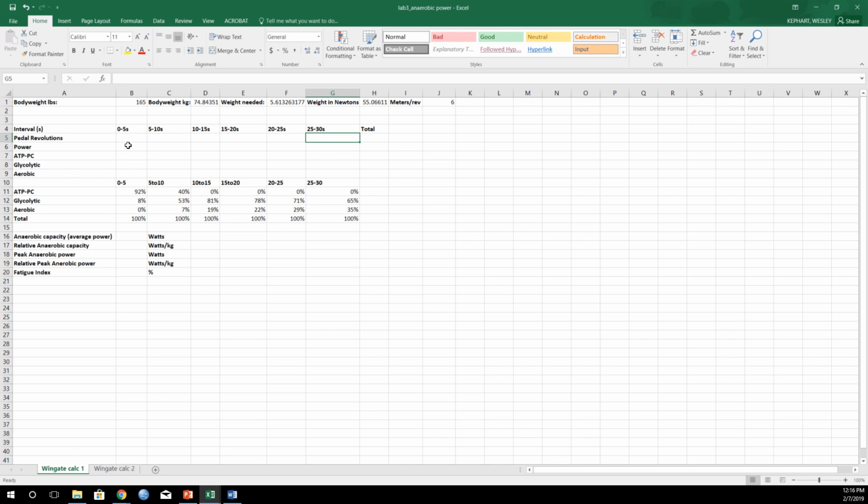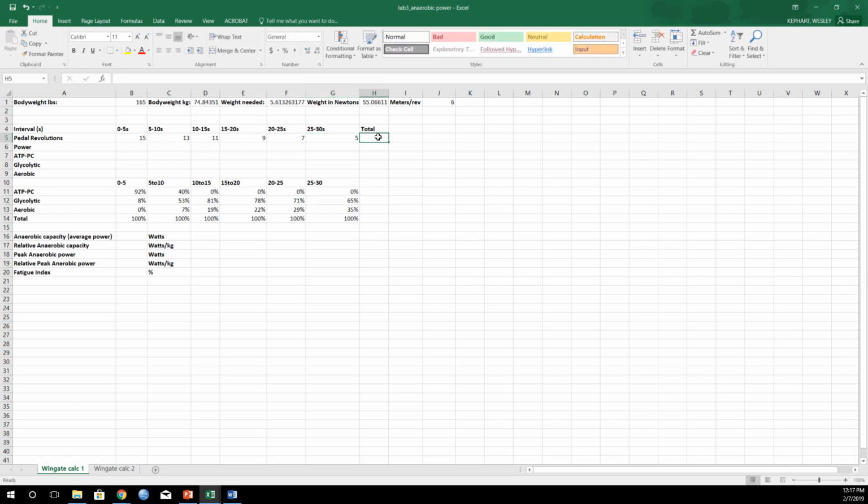So let's figure some of this stuff out. Let's say that you do 15 revolutions in the first 5 seconds, then it goes down to, I don't know, 13, then 11, then 9 revolutions, 7, and then in the last one, let's say 5.